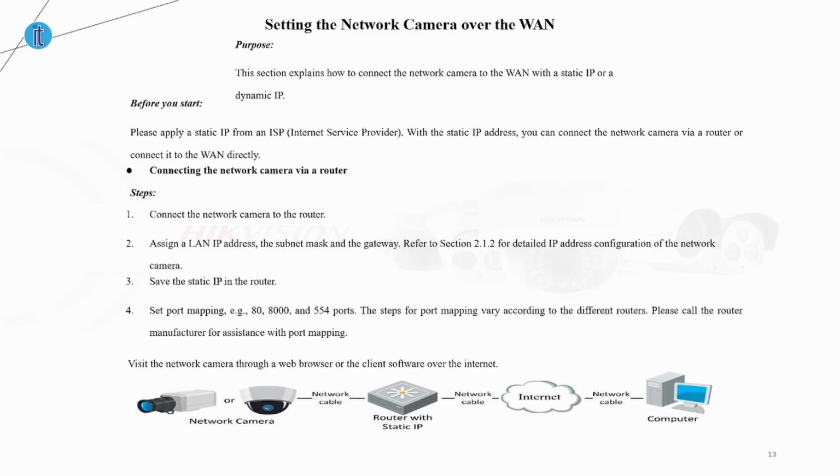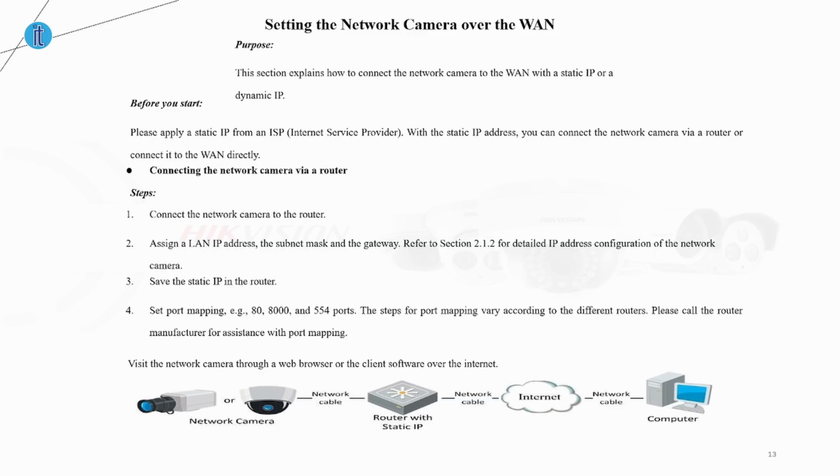Now, connecting the network camera via a router. Step 1. Connect the camera to the router. Step 2. Assign a LAN IP address. We have already discussed about this. Assign a LAN IP address. The subnet mask and the gateway must be the same with your computer.